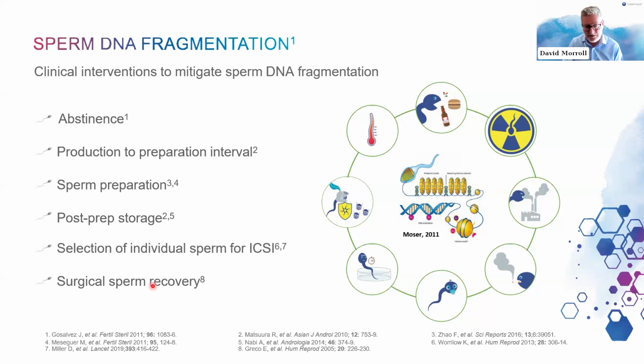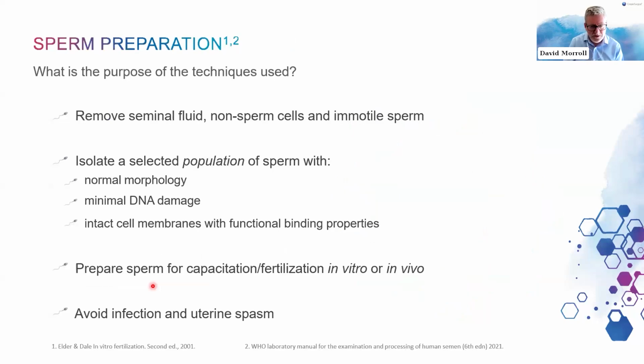But that data's under question now, and it's a big question mark whether that's a realistic or appropriate way to treat men, I think. So let's talk about sperm preparation and what we do and why we do it. And we'll talk about how that impacts DNA fragmentation, and from there, how that impacts the outcomes of treatment.